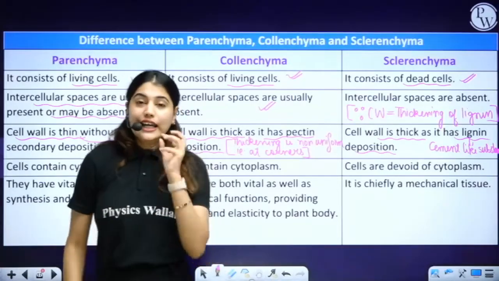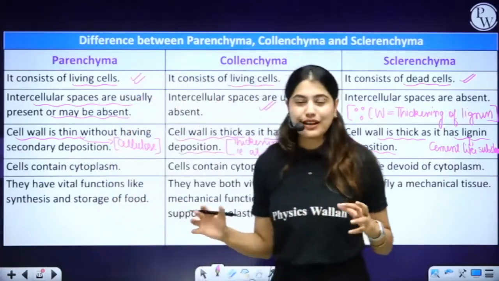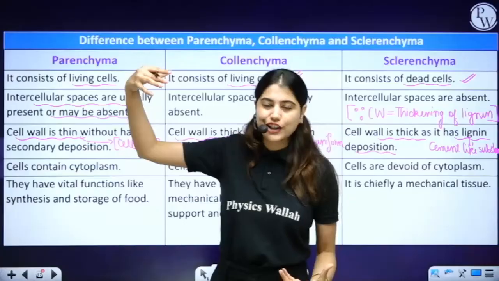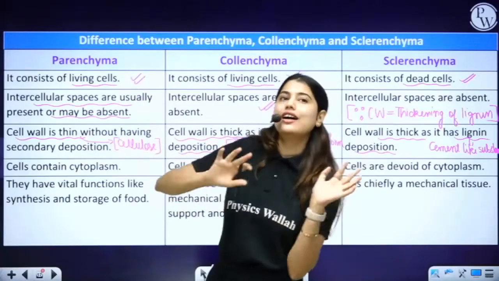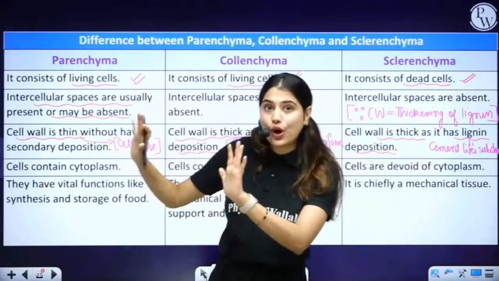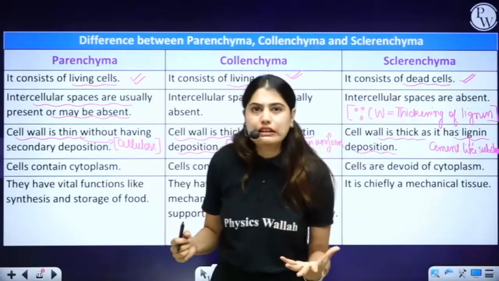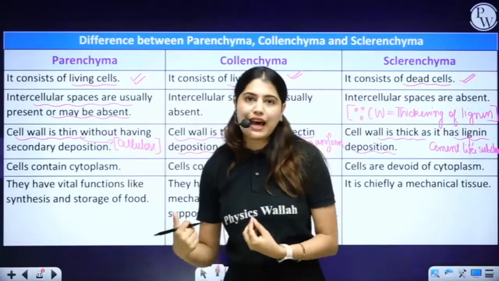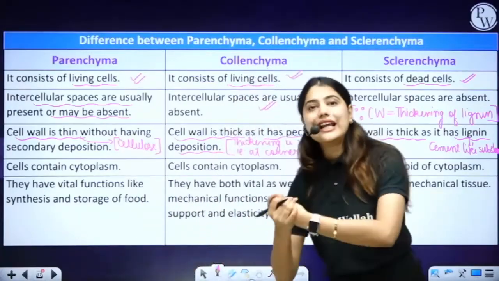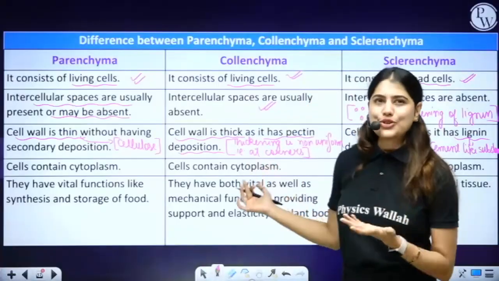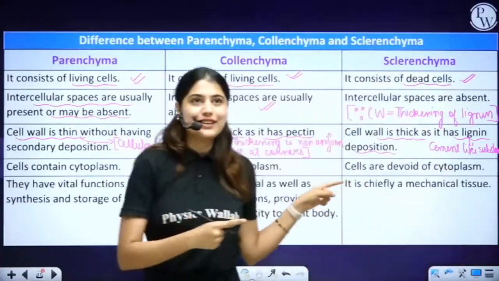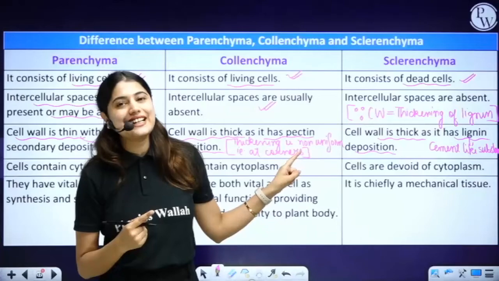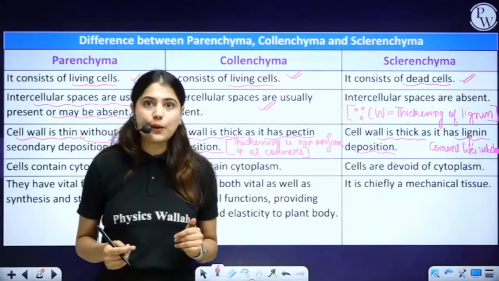Next point, if we talk about the parenchyma, they have a large central vacuole. Because of it, the other substances like the nucleus and the cytoplasm are shifted towards the periphery. The same goes with collenchyma. But what about the sclerenchyma? Do they even have cytoplasm?